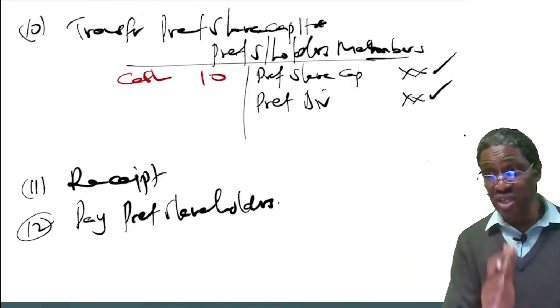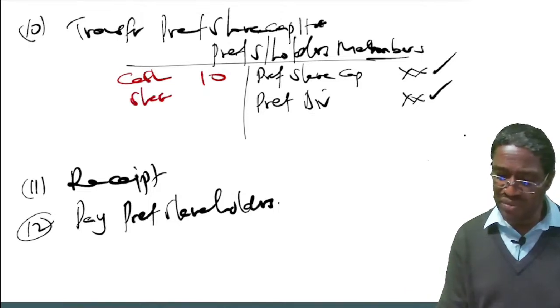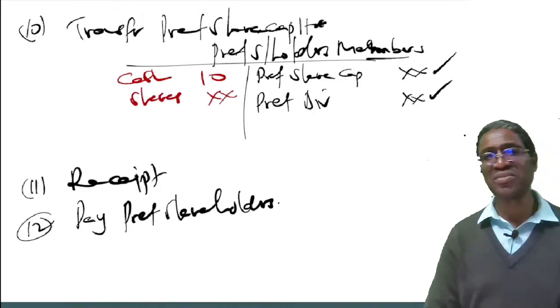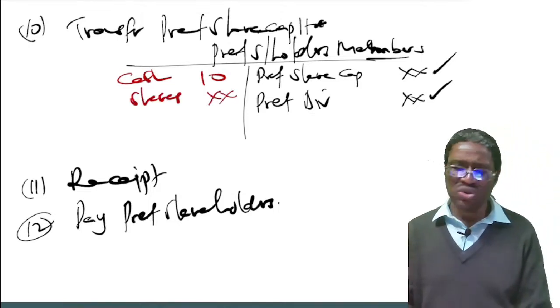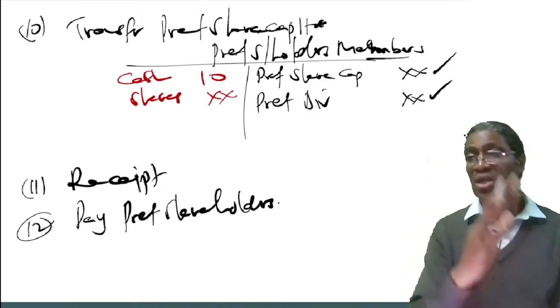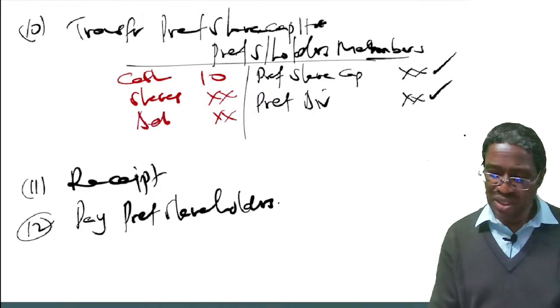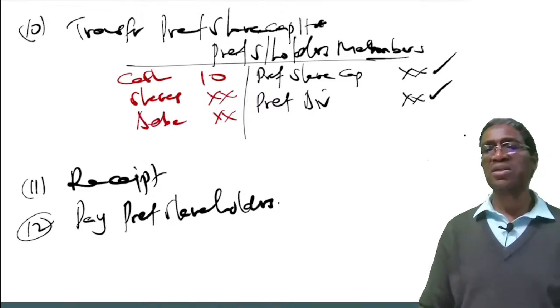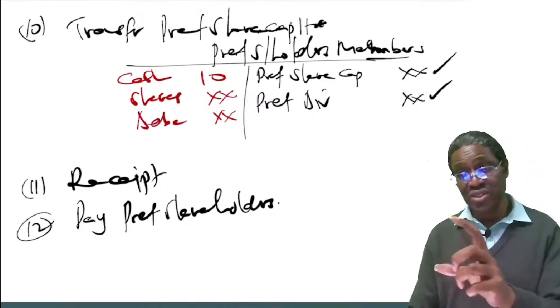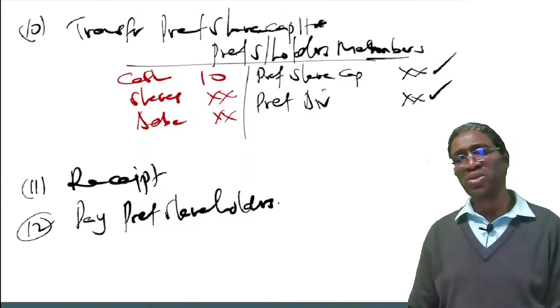You remember you received them, you debited, now you are using it. Go credit shares and you debit the members, whatever it is. If the question tells you you are giving them debentures, remember you received them as an asset, go credit those assets, debit the members. That's our step number 12, which says pay the preference shareholders what is due to them.